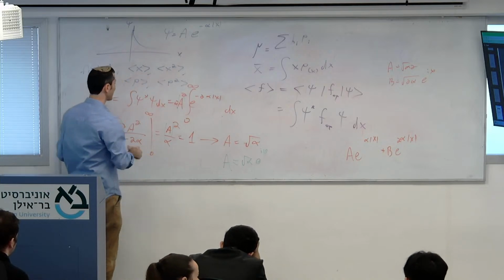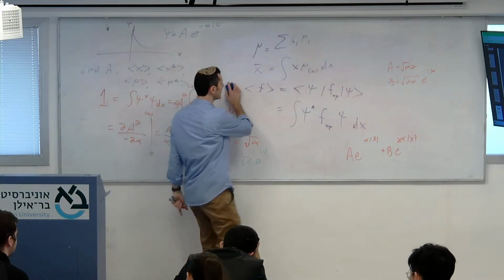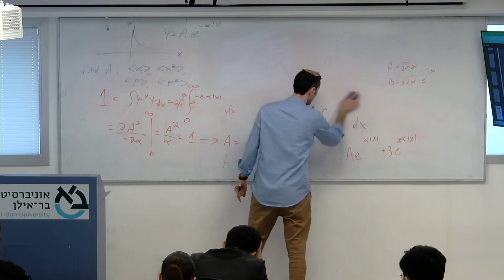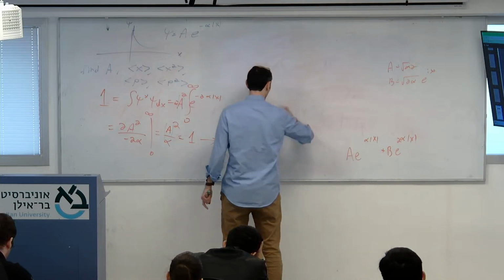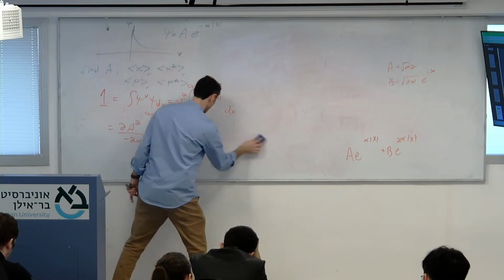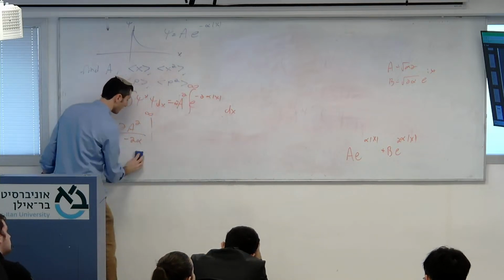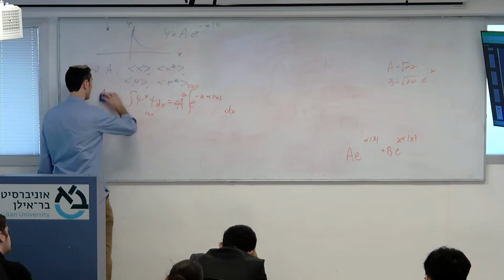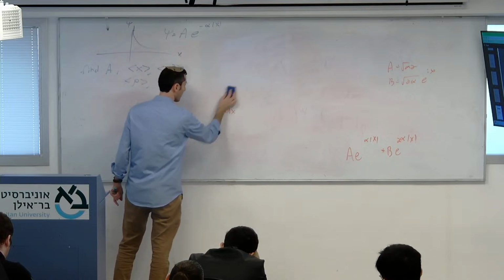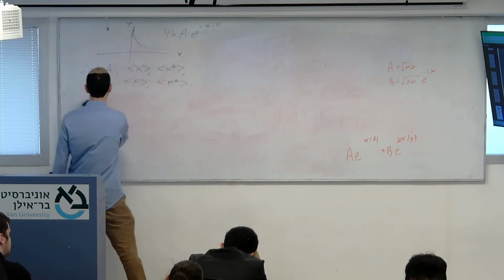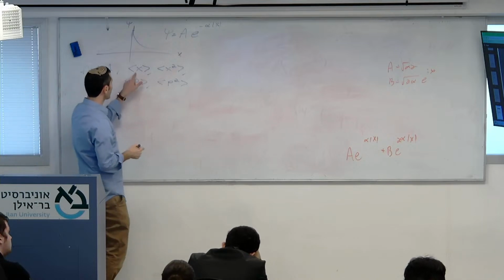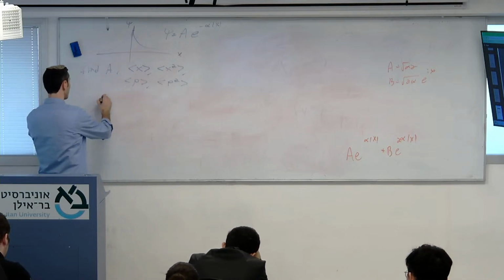I'm going to erase everything that's not blue on the whiteboard. Okay, what is x? This is going to be easy.